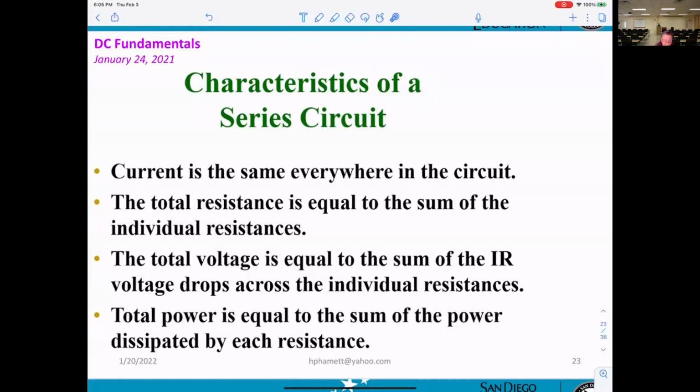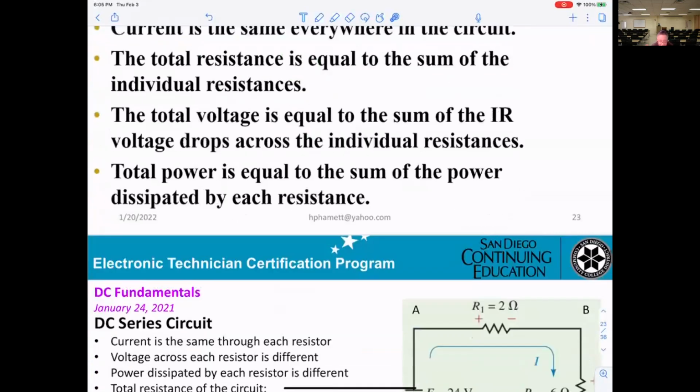Total power is equal to the sum of the power dissipated by each resistance. So that's a very basic thing you must know and remember for the series circuit.